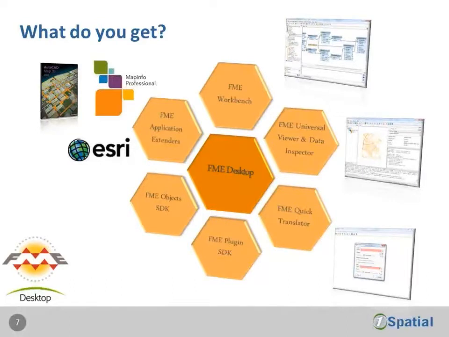You can view all of your data without having to translate it using the Universal Viewer and the Data Inspector. You can carry out quick translation with a very simple tool that allows you to specify where your data is and where you want it to go and what format, and just push go and write the data out.